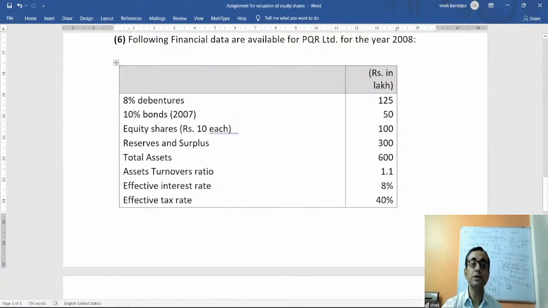But for the income statement, you have to proceed with the sales figure. In this particular question, if you observe, the sales figure is not given, but sales can be calculated with the help of the asset turnover ratio, because asset turnover ratio and total assets both are given. So on the basis of these two figures, the sales can be easily calculated.